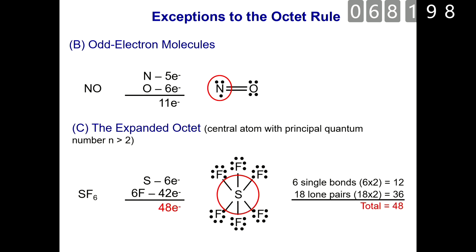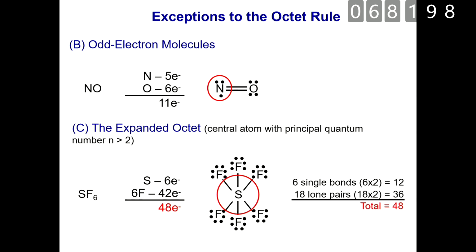The second type is called odd electron molecules. For example, in this structure, how many electrons are on nitrogen? Yeah, only 7, right? But it's stable. It doesn't have 8 electrons, it only has 7 electrons, but it's stable.